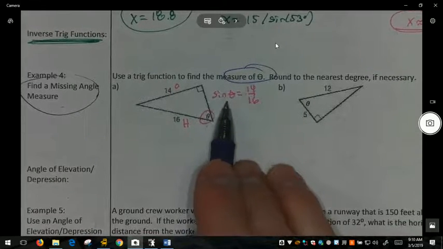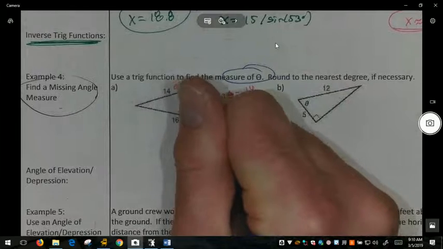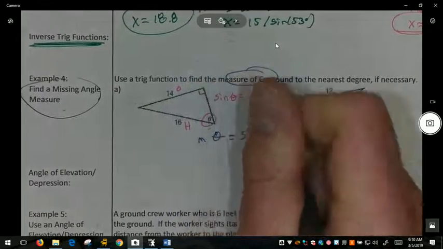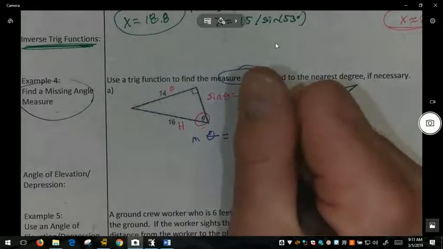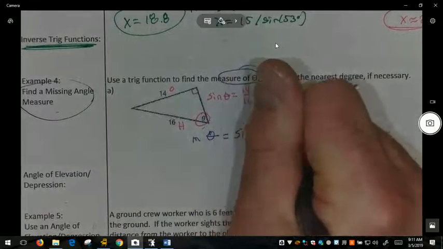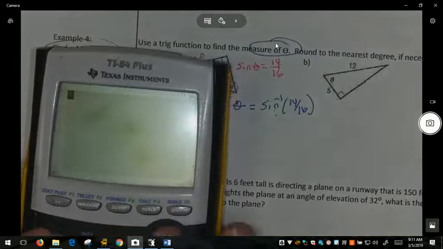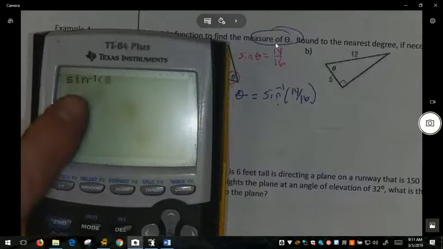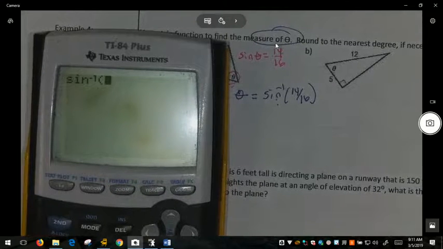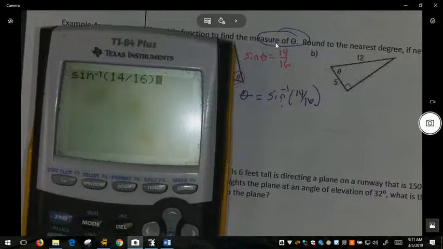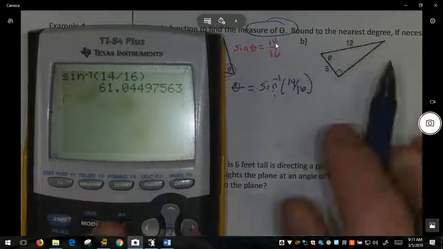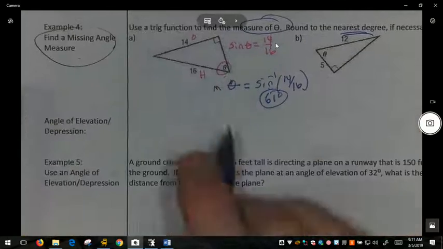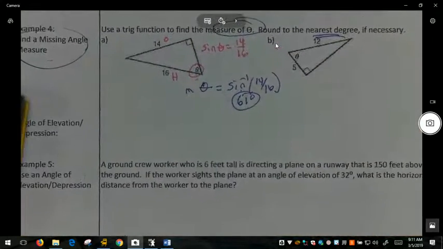So since I know the ratio for sine is this, all I'm going to do is go into sine inverse and plug in the ratio that I know is the sine ratio. So I hit second and then sine. On my calculator, not just the sine key, but second and then sine to see the sine inverse of, if I plug in the ratio into the inverse, it will give me the angle. And it says round to the nearest degree, so this is 61 degrees. This angle is a 61-degree angle.